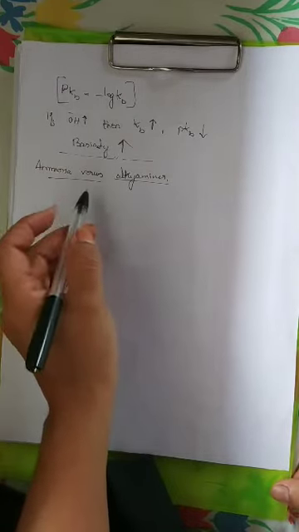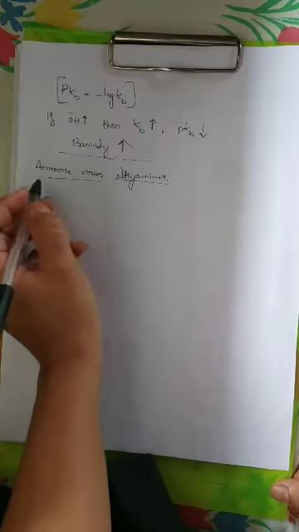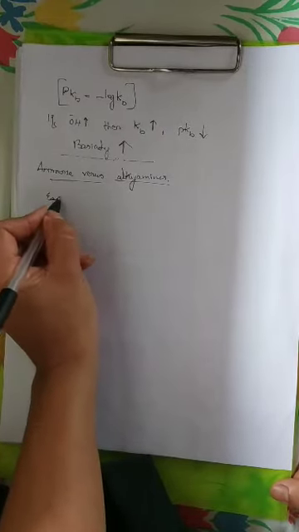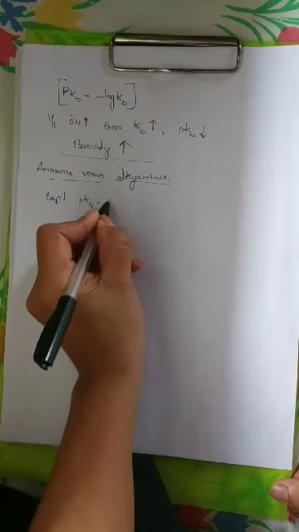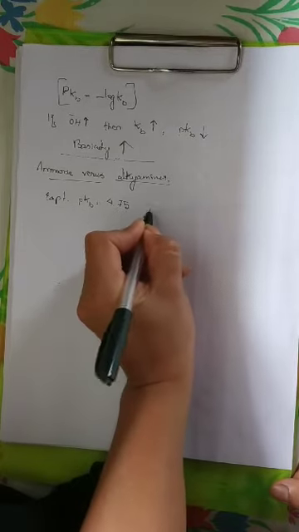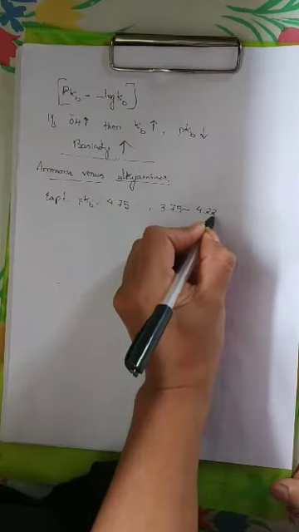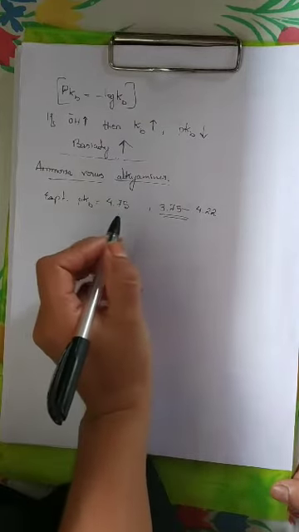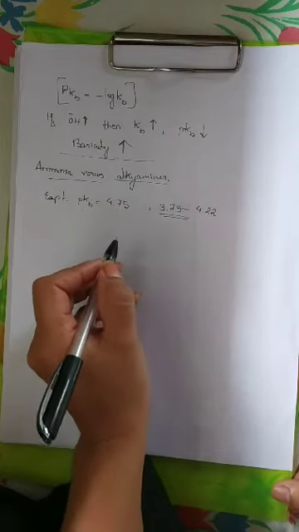Now let us find which of the two will be more basic. Experimentally it is found that the pKb value of ammonia is 4.75 and that of amines is 3.75 to 4.22. Please remember that these values are just for your understanding and do not memorize these numbers.